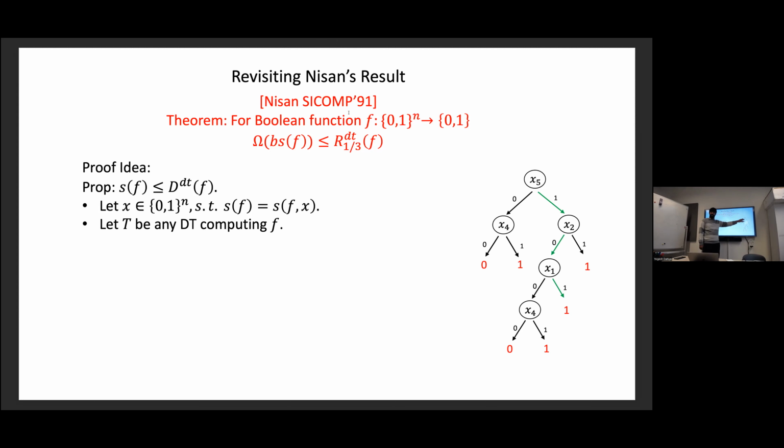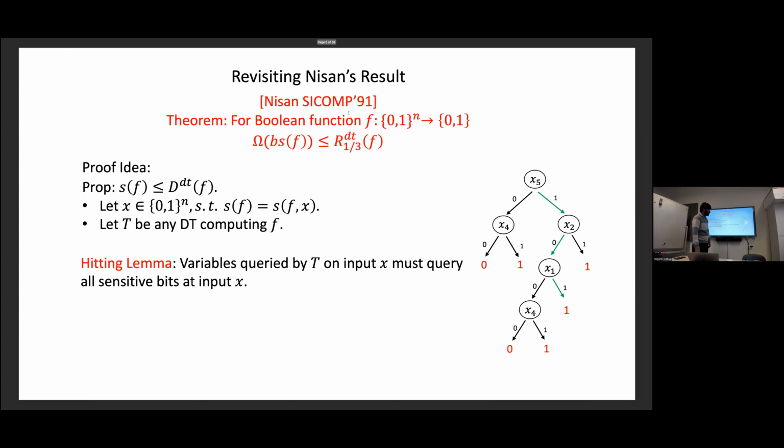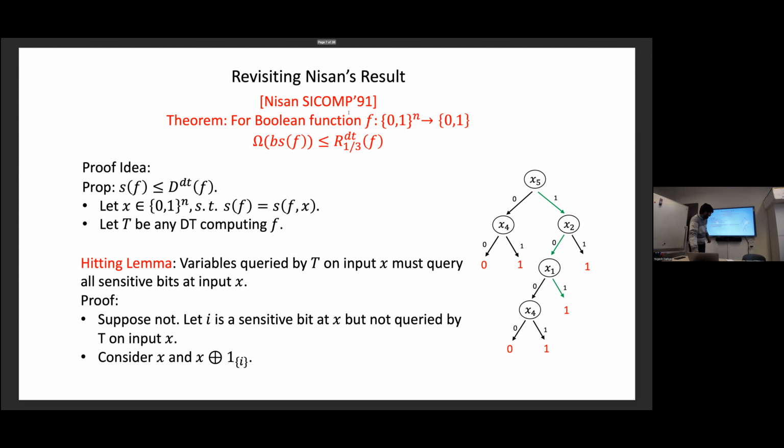If the variables queried on this root to leaf path do not include a variable which was sensitive at input X, then you cannot distinguish between X and X with the ith bit flipped, right? Because they both will take the same path. But since the ith bit was sensitive, the function value was different. So the root to leaf path must query all the sensitive bits.